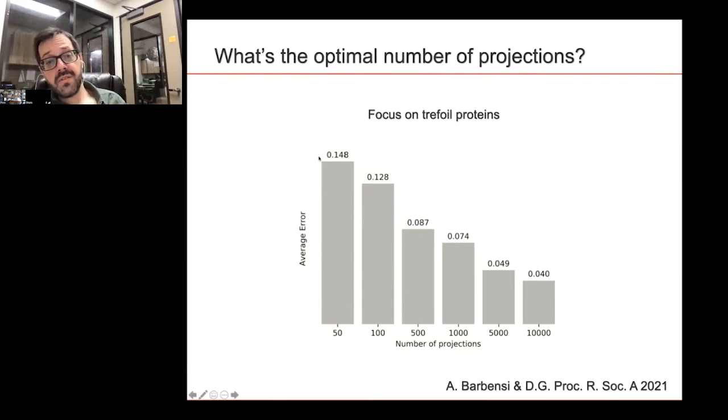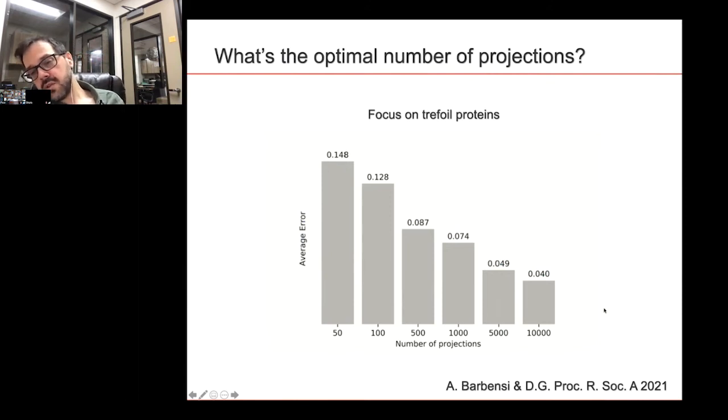And we see that with 50 projections, we have almost 15% error. We have 12% error with 100 projections. And as we move down, we see that in this region, we are in a good place. We have less than 5% error. And we can actually work with either one of those.